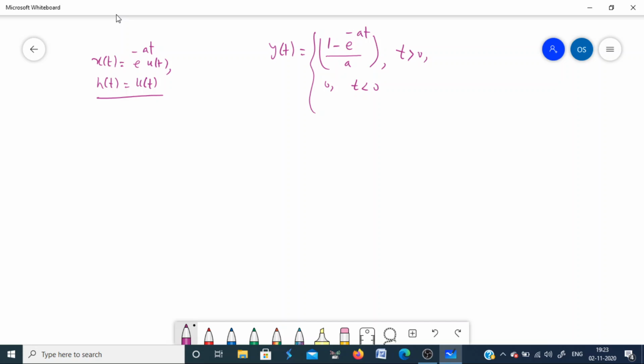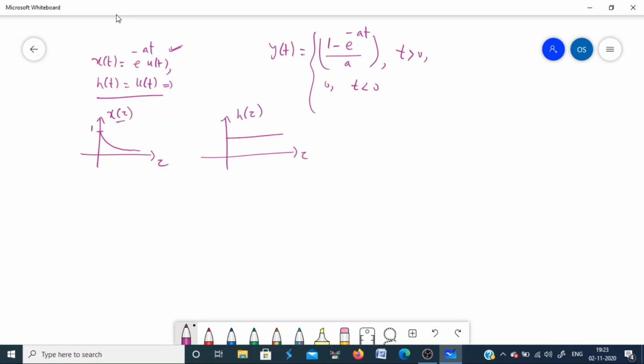Now suppose in place of folding and shifting u(t), I shift and fold x(t). It means I plot again the two functions in terms of tau. This is x(tau) and this is h(tau). This is a unit step, this is an exponential signal.